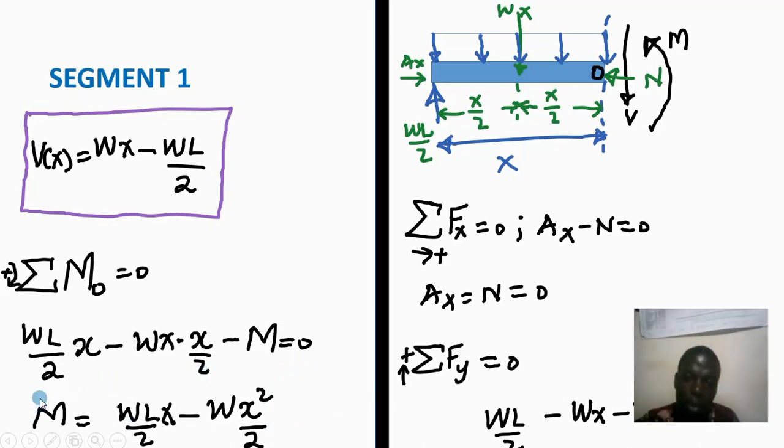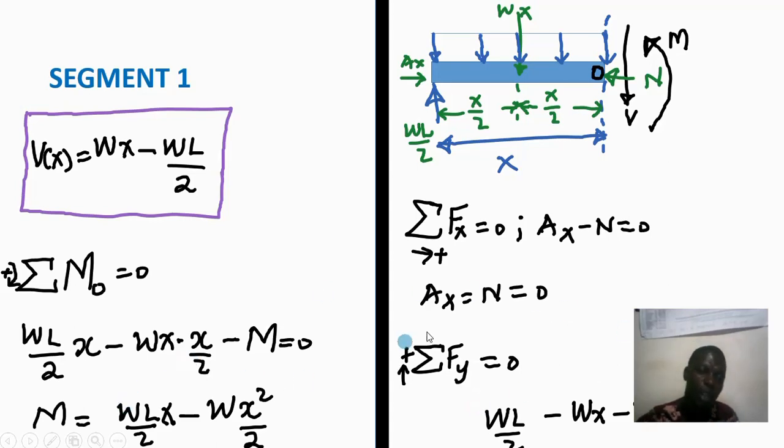This gives us the equation that describes the variation of bending moment as you move away from one support to the other, and this is going to be a parabola that opens up towards the negative y direction. So it means in this scenario we are going to have a maximum bending moment somewhere.